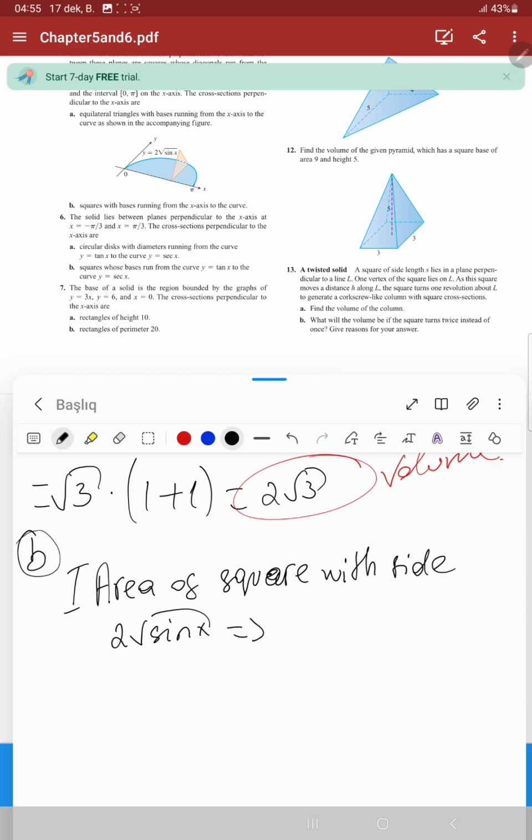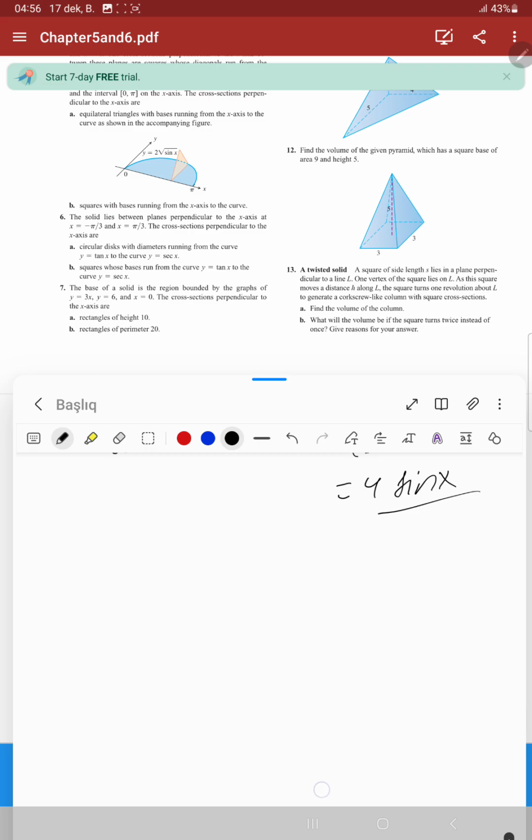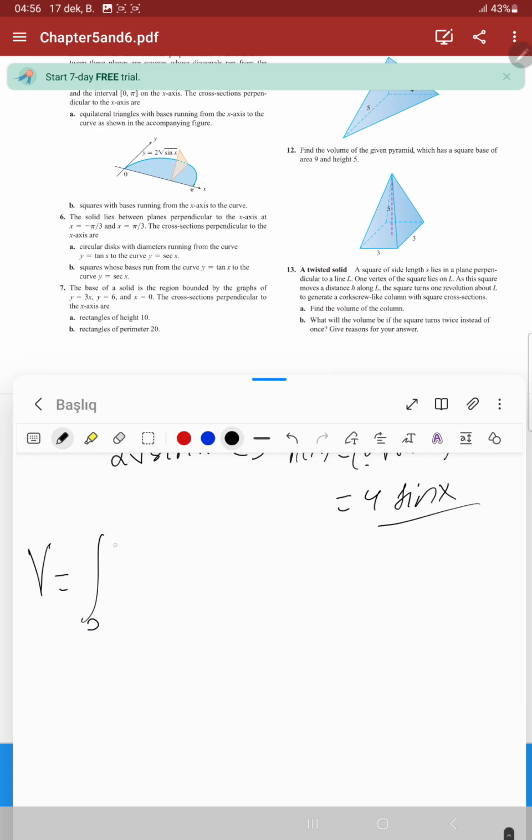A(x) equals the square of one side, which is 4 sine x. Here's our area. And what about boundaries? Boundaries again from 0 to pi, and the volume will be the integral from 0 to pi of A(x) dx, where A(x) is 4 sine x.